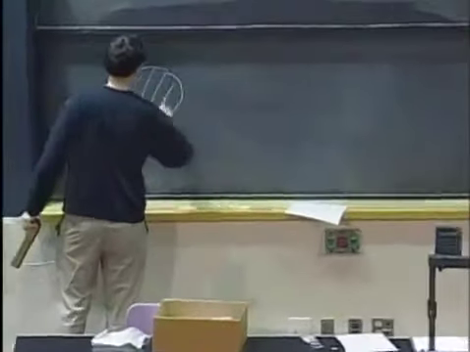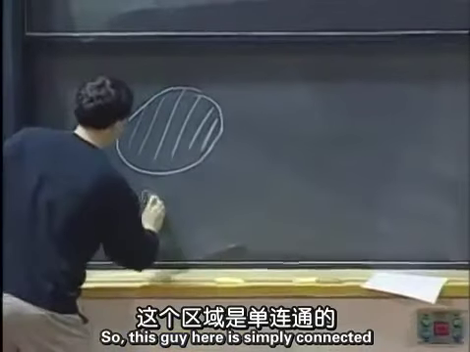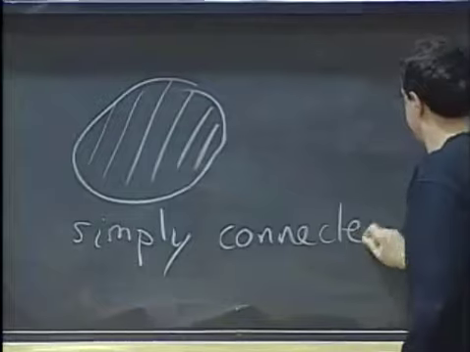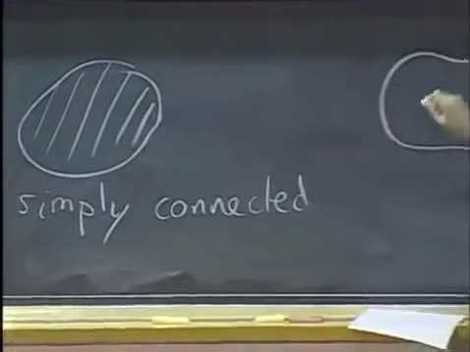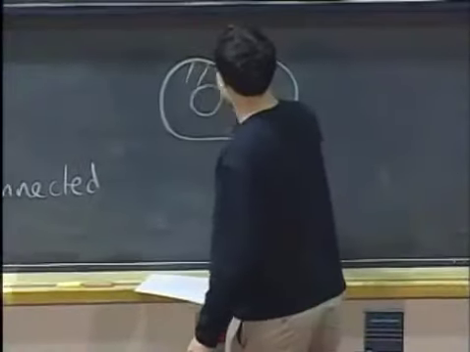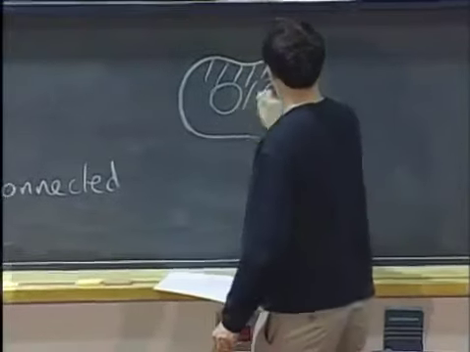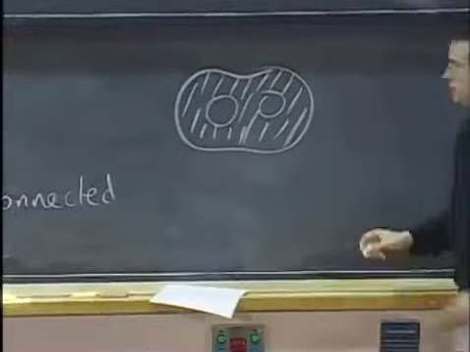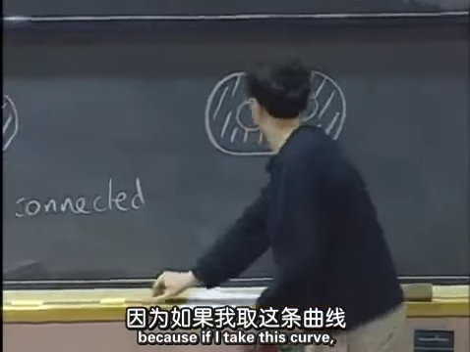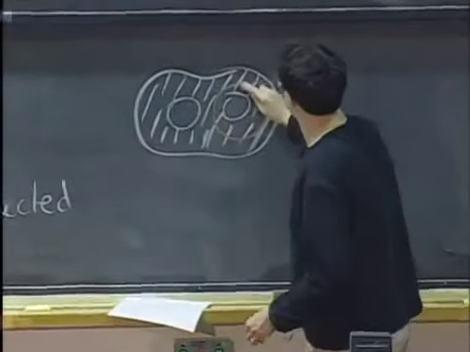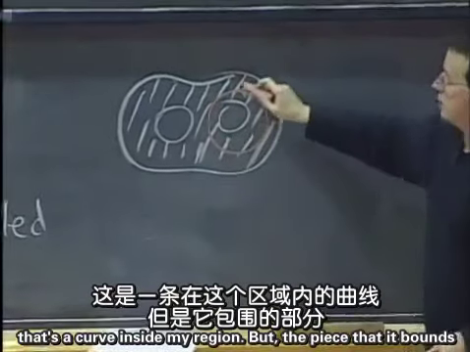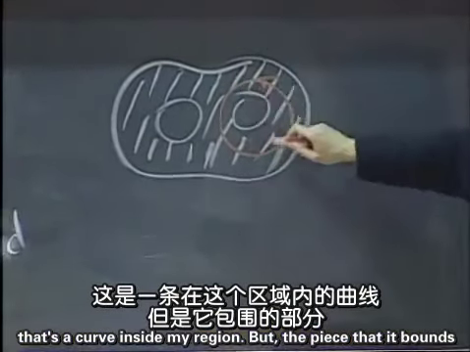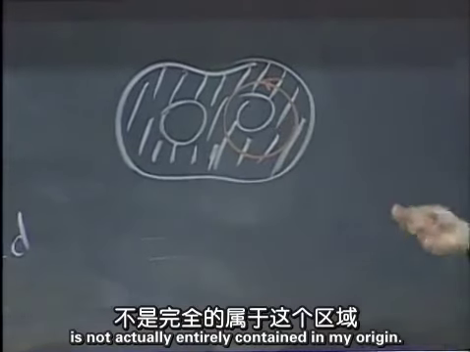So this guy here is simply connected, while this guy here is not simply connected, because if I take this curve, that's a curve inside my region, but the piece that it bounds is not actually entirely contained in my region.